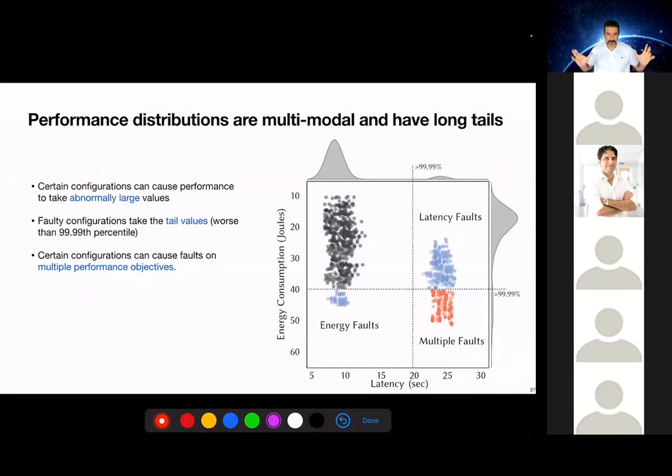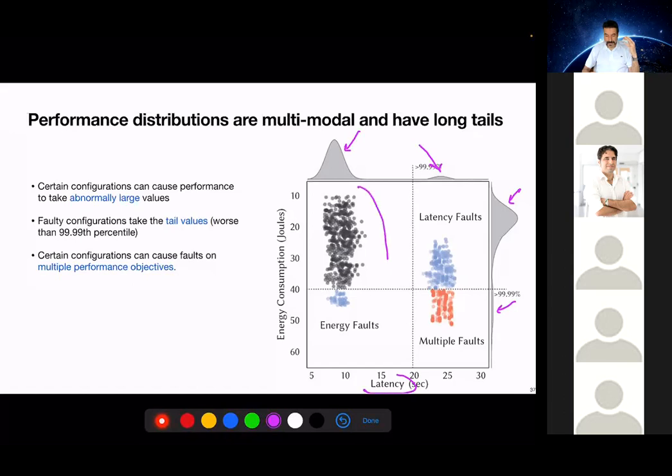Within this multi-objective space, if we look at the performance distribution of the system, we know that empirically performance distributions are multi-modal, right? So for different objectives, here we are talking about latency and energy consumption.